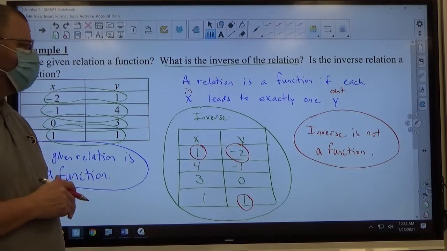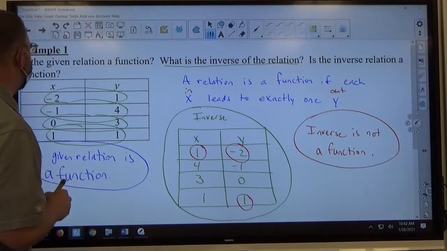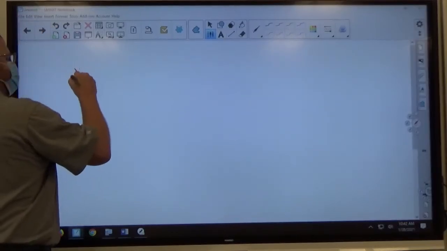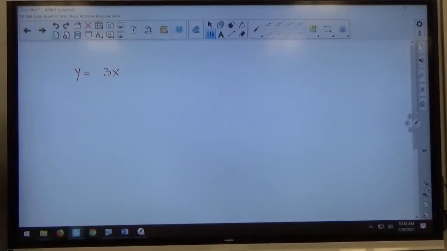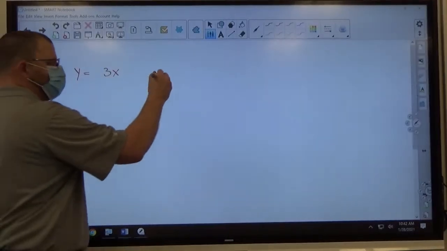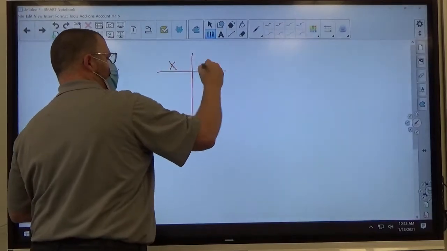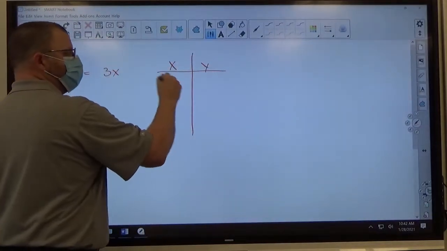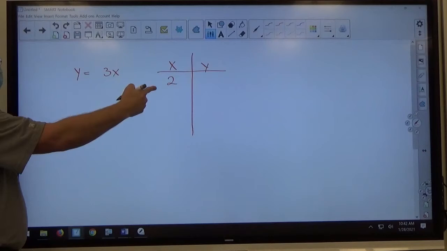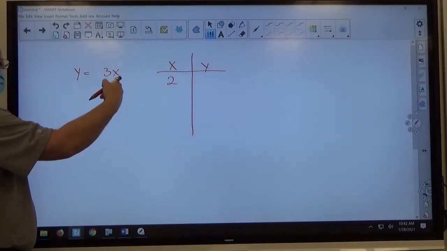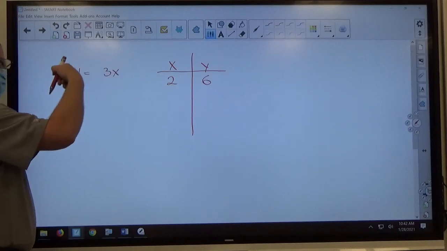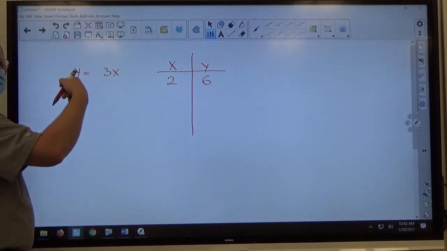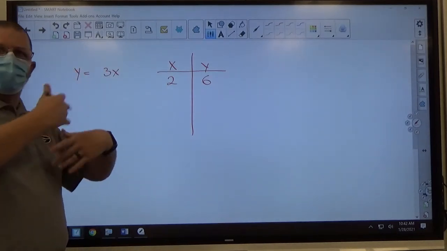Not really. No? Okay, so I have y equals 3x. And I pick a number for x. x equals 2. What's 3 times 2? 6. So the input value of x equals 2 leads to the output value y equals 6. So that's what I mean to lead to that.